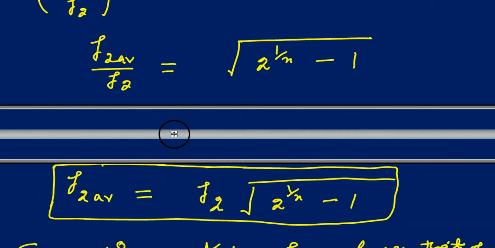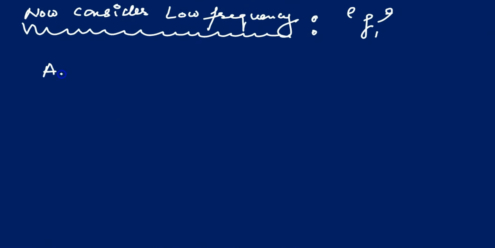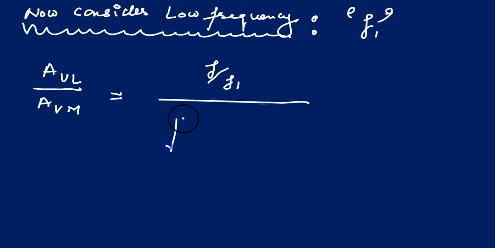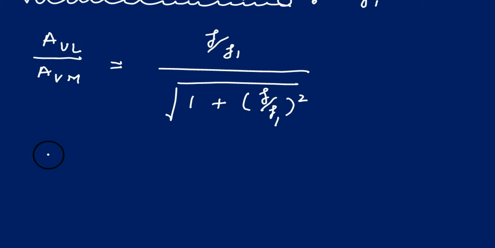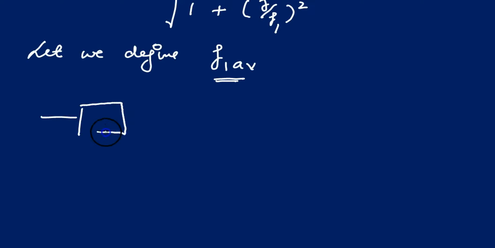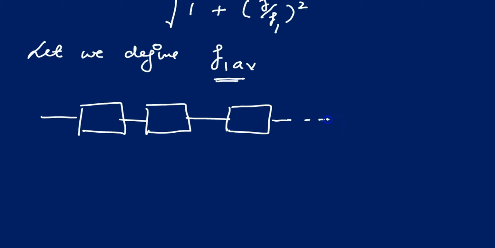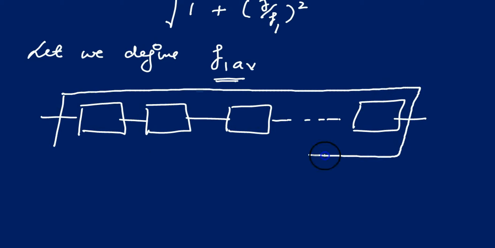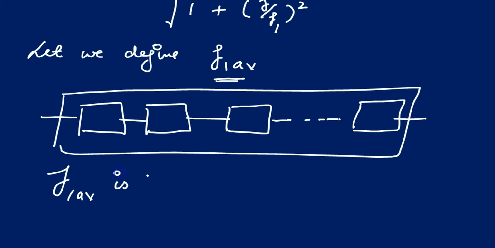Using this result here, if we have n stages, then again the gain gets multiplied, raised to the power n.